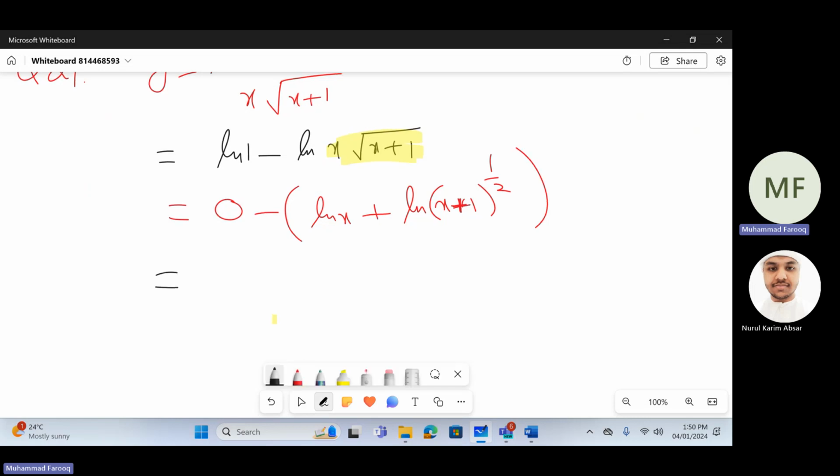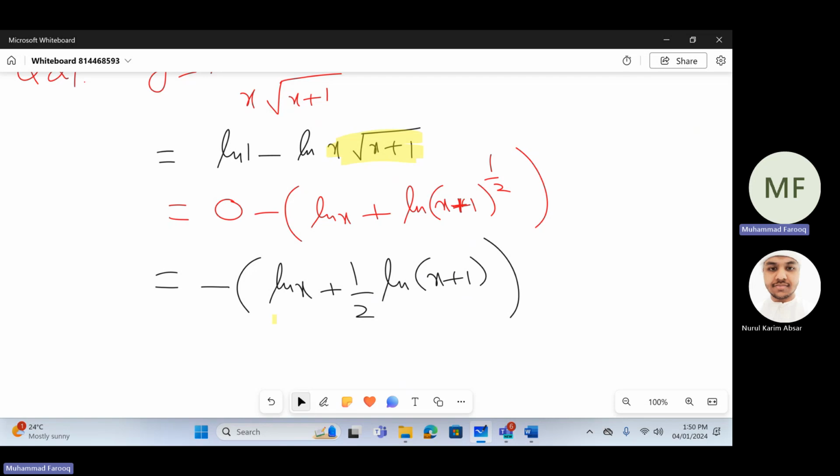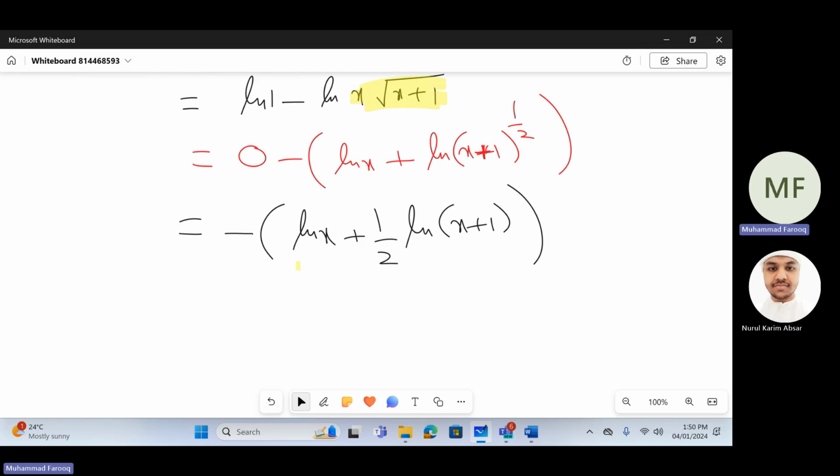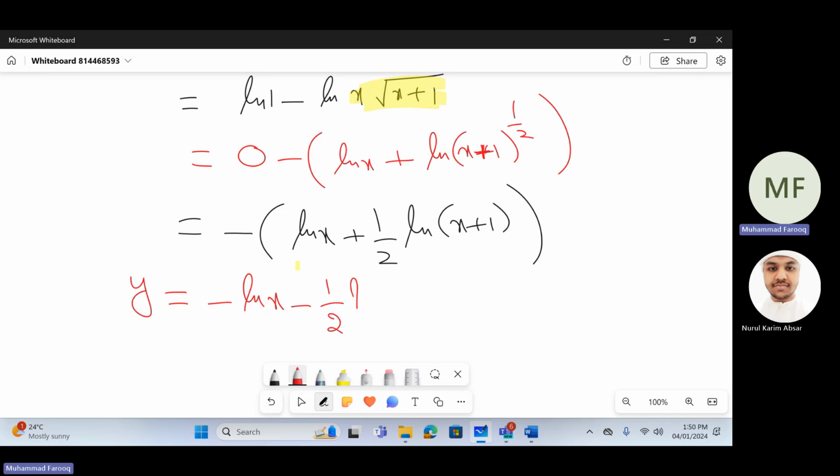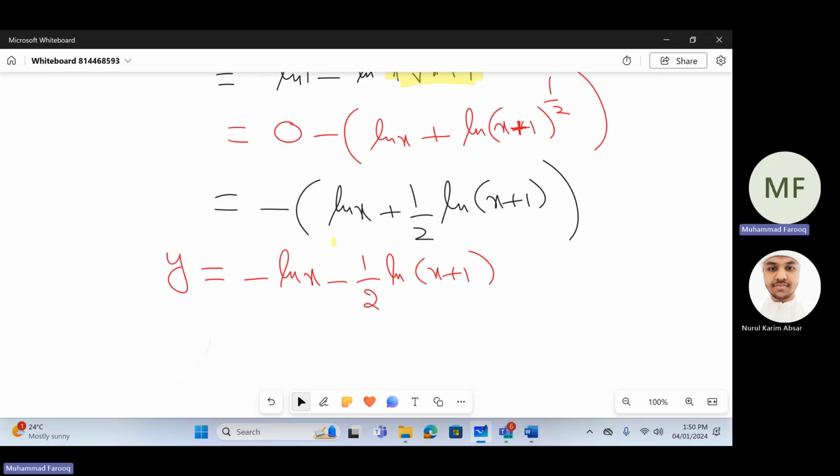So it is ln x, then because the argument has a power, we can write the power down: half ln of x plus 1. Understand? Now multiply the negative sign with all of that. So your simplified form of the function y is basically minus ln x minus 1 by 2 ln of x plus 1. Now you can differentiate these.